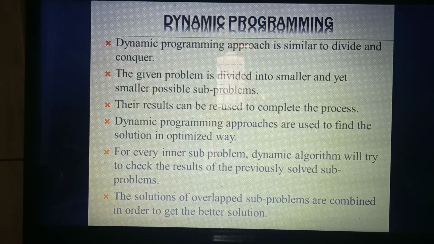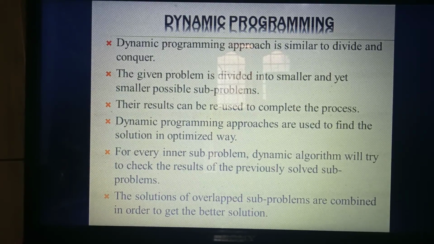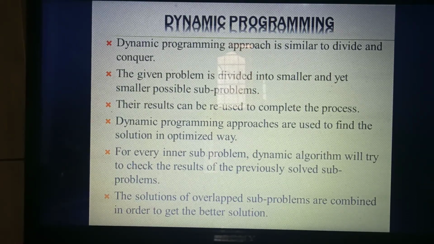Suppose there are 47 students in your class, and you take the average marks of all 47 across all subjects. First, you calculate roll number 1: add the 6 subject marks. Then roll number 2, 6 subject marks. Then roll number 3, 6 subject marks. Likewise up to roll number 47.